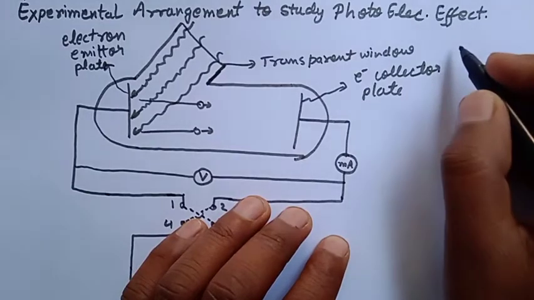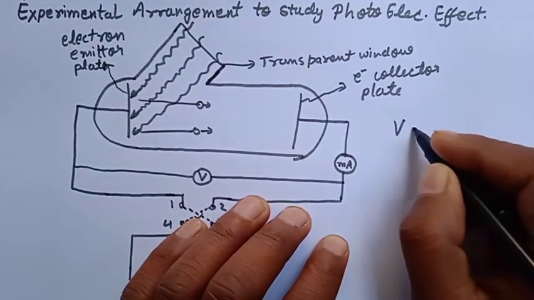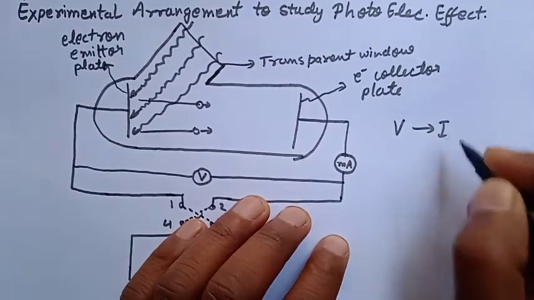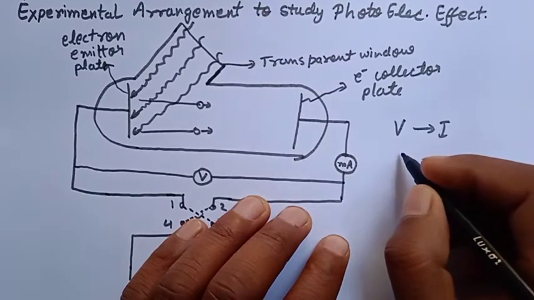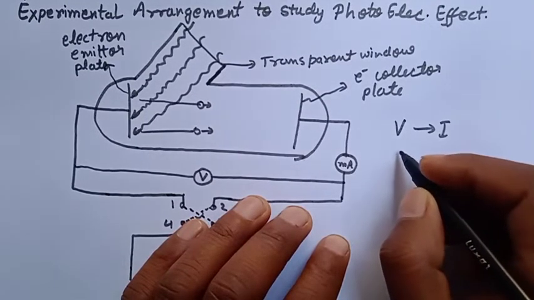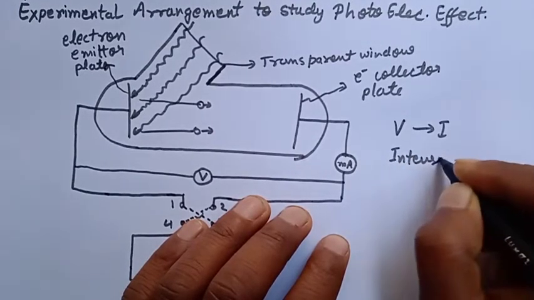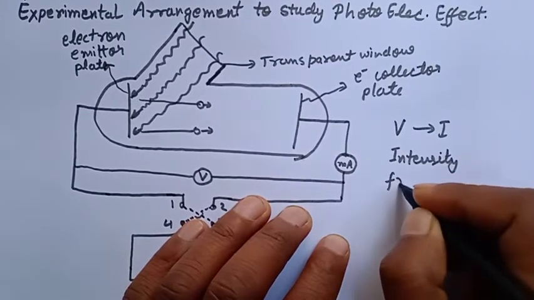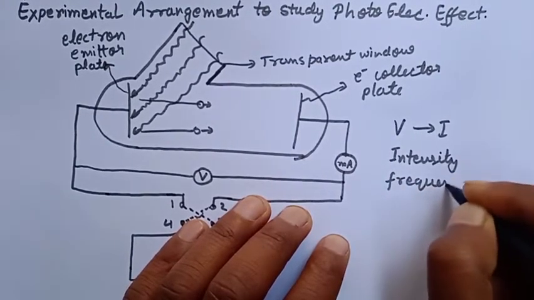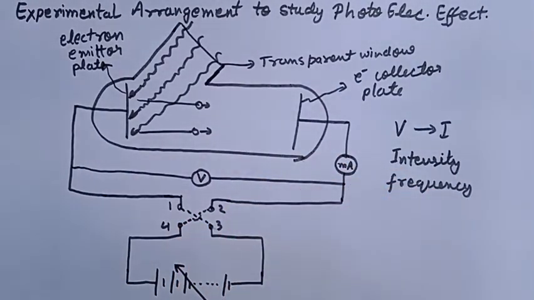We know that by changing voltage, current will be influenced, but there are two other factors also. One is intensity, and the other is frequency of light. So how will these two factors affect the voltage and current relation?